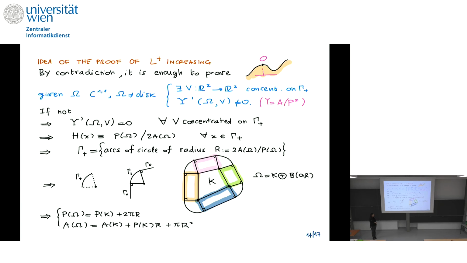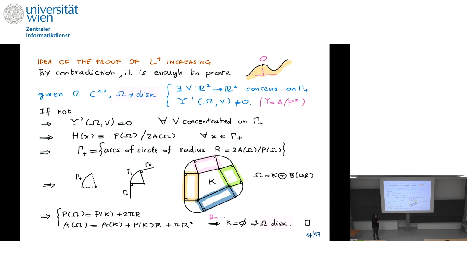So putting this relation for r here, one does a very simple computation, and one arrives at the conclusion that the only possibility is that this K is the empty set. So it means that omega, if K disappears, all the rectangles collapse, and you only have the disk. And this is a contradiction, in the sense that it is useless.